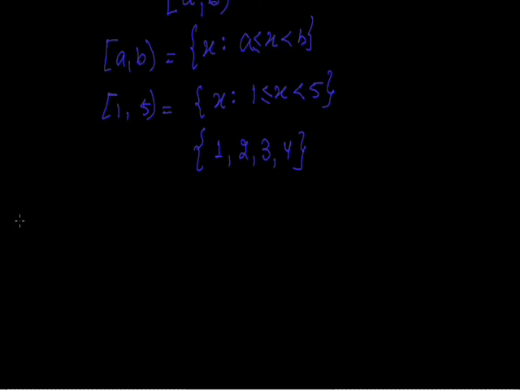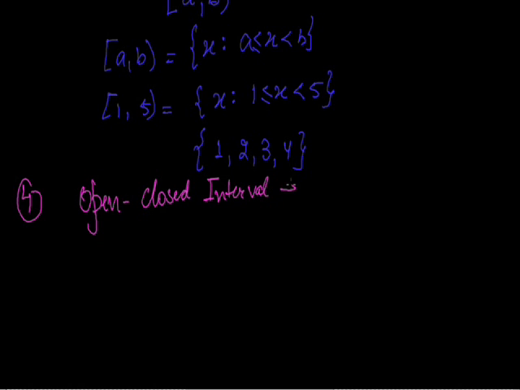Similarly, the last interval. First we read about the closed open, now we will read about open closed interval. In open closed interval, as the name suggests, first we write the open, then the closed bracket.